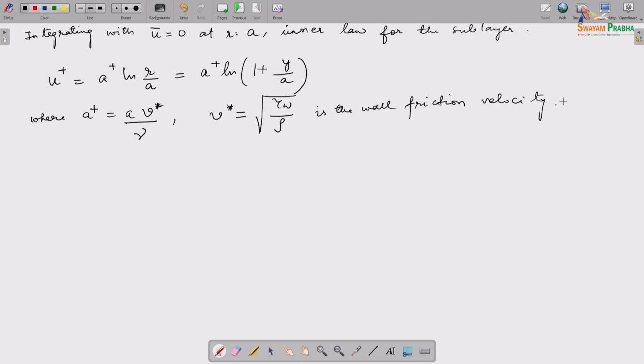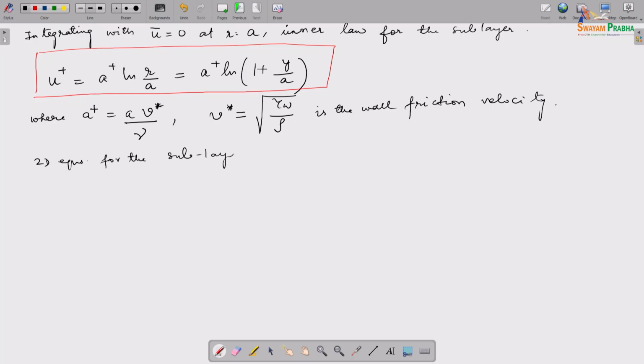Now, this relationship is very different from the 2D sublayer relationship, the 2D equations for the sublayer, which apply if y by a is much smaller than 1.